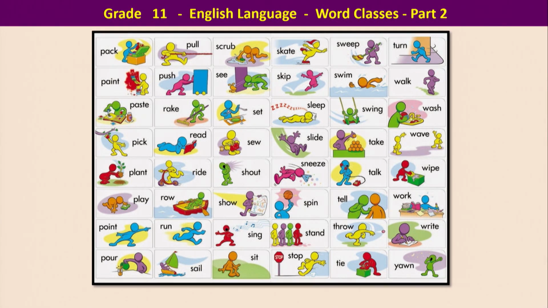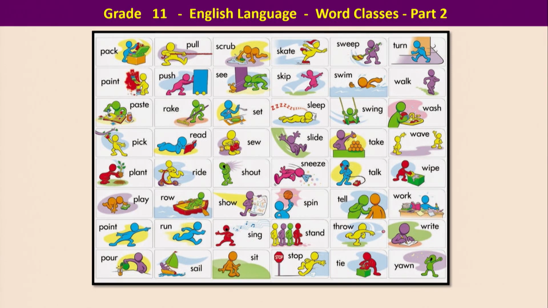So you can see one person is scrubbing the floor. Then you have skate, skate on snow. You skip, that is a game. You sleep, you know that really well, that verb of course. Slide, sneeze, when you are sick. You sneeze, spin, stand, stop, all these are verbs.